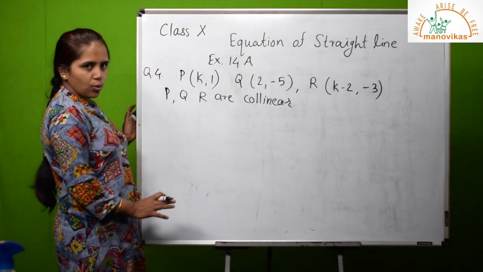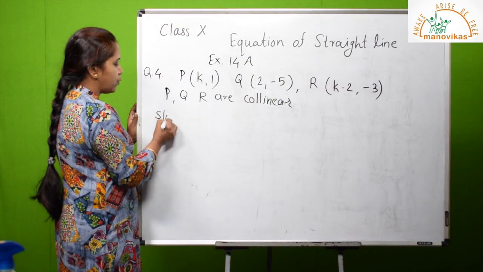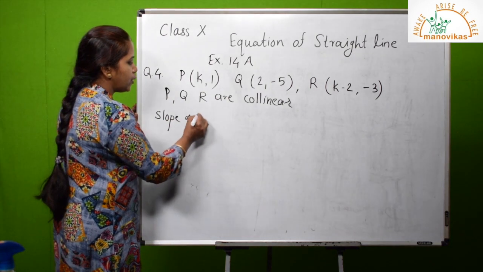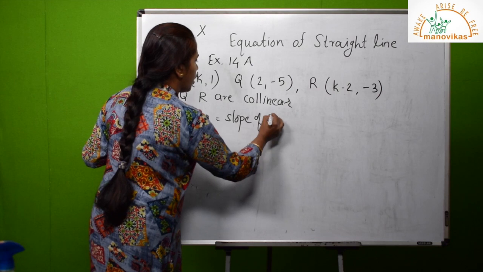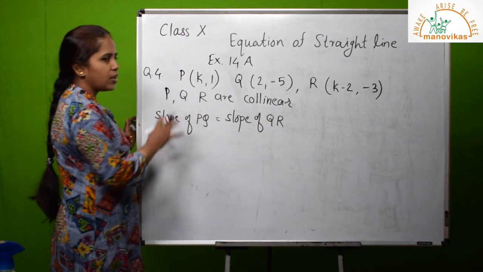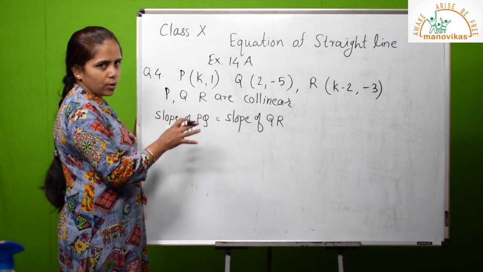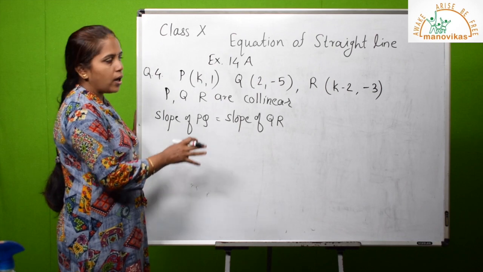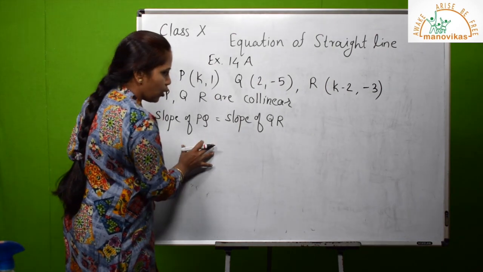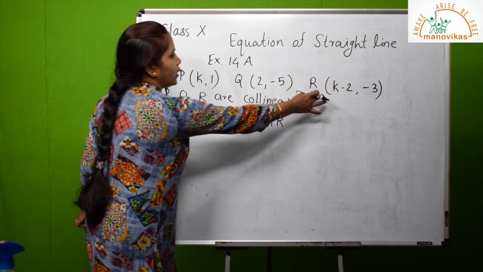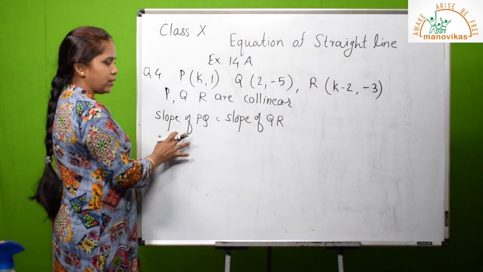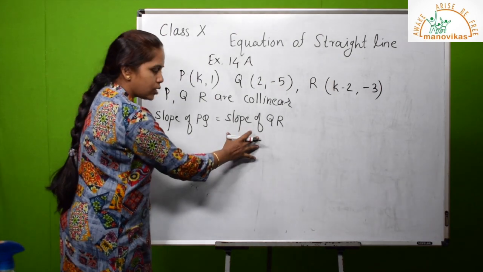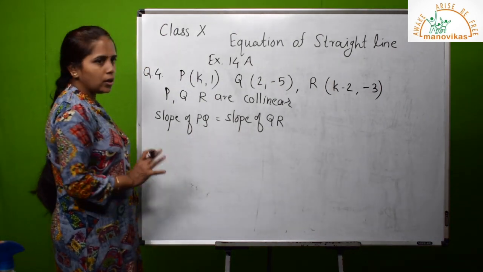When the 3 points are collinear, slope of PQ is equal to slope of QR. Now we have to compare these slope values and then we can find the value of k, that is unknown. First find the slope of PQ, then slope of QR, and compare the values.